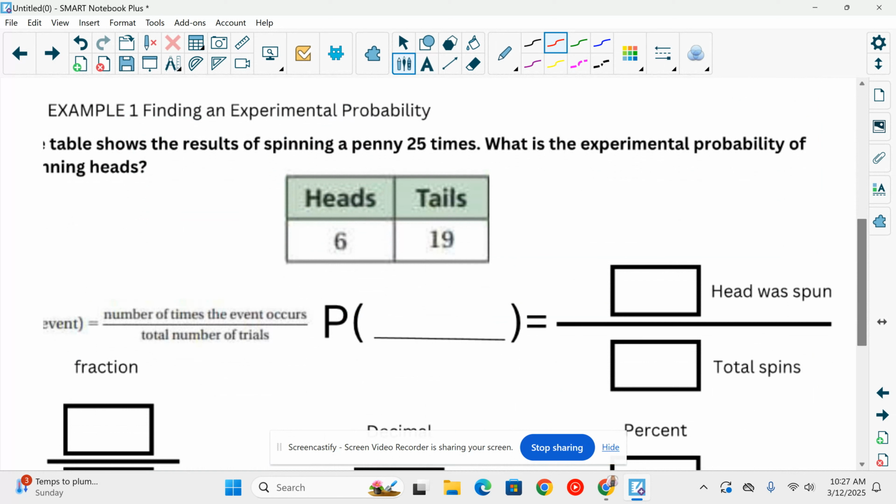The event we're looking at is spinning heads. Okay? So we're going to set it up as a fraction. How many times did we spin heads? 6. How many total spins did I do in my experiment? 25.